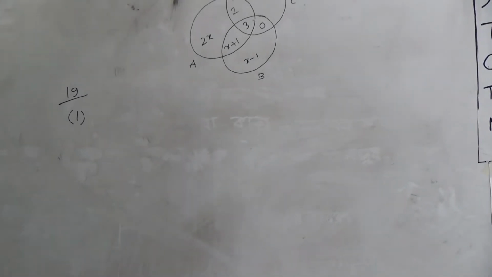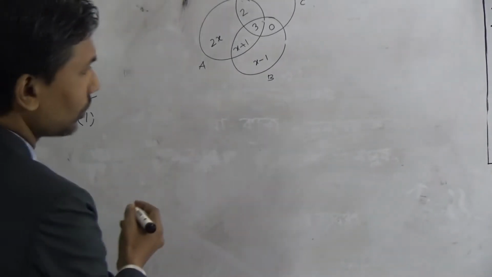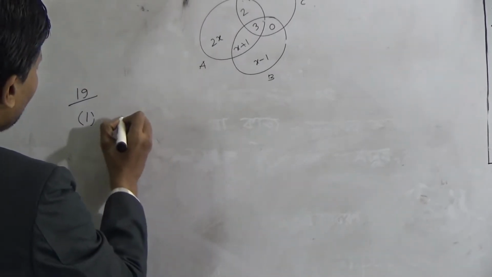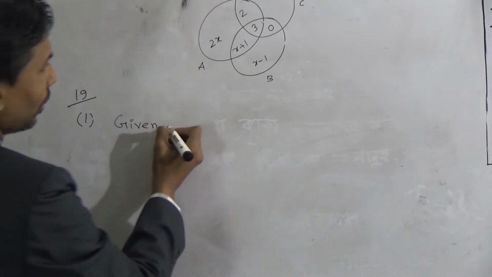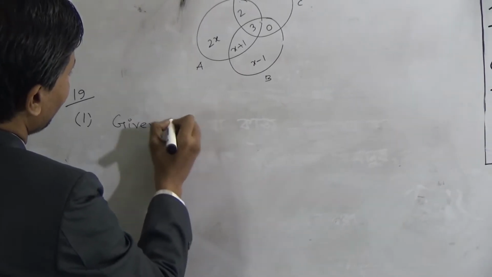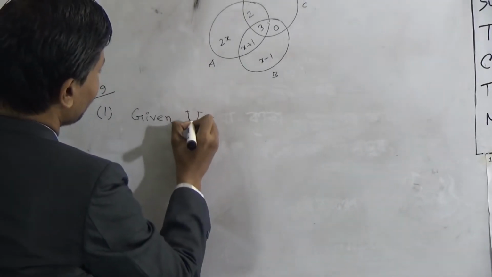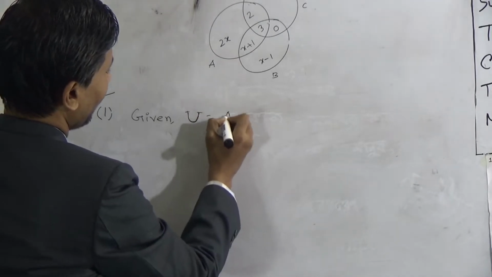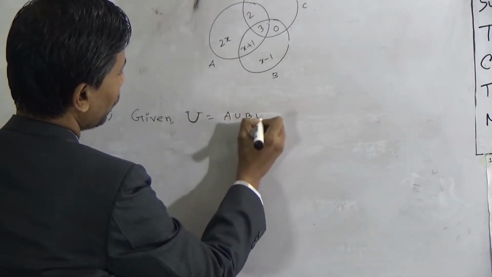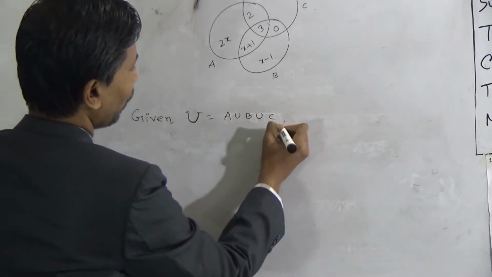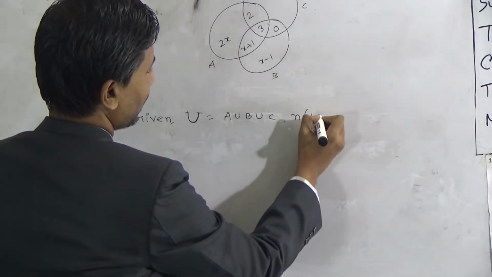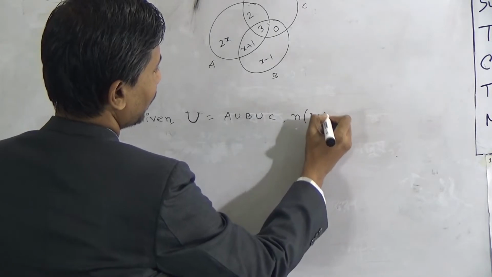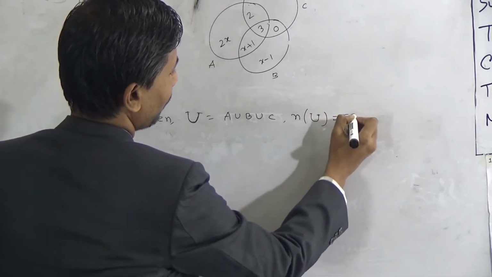There is given the universal set equal to A union B union C. Also, the number of the universal set equals 50.